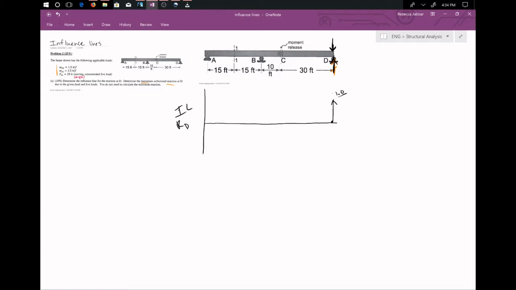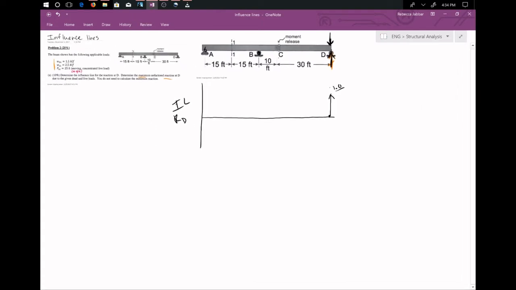Alright, so we have imposed our positive unit displacement, and if we were looking at rotation, we're not, because it's a roller, we would be thinking about applying a unitless moment there. And next we want to sketch the deflected shapes, thinking about how aspects of our member, like B, or this pin at A, or this moment release at C, are going to affect our shape.